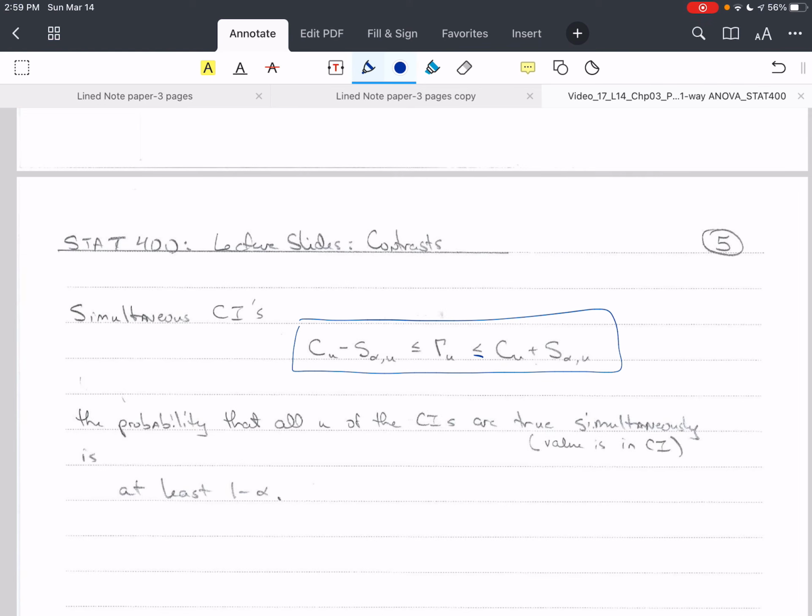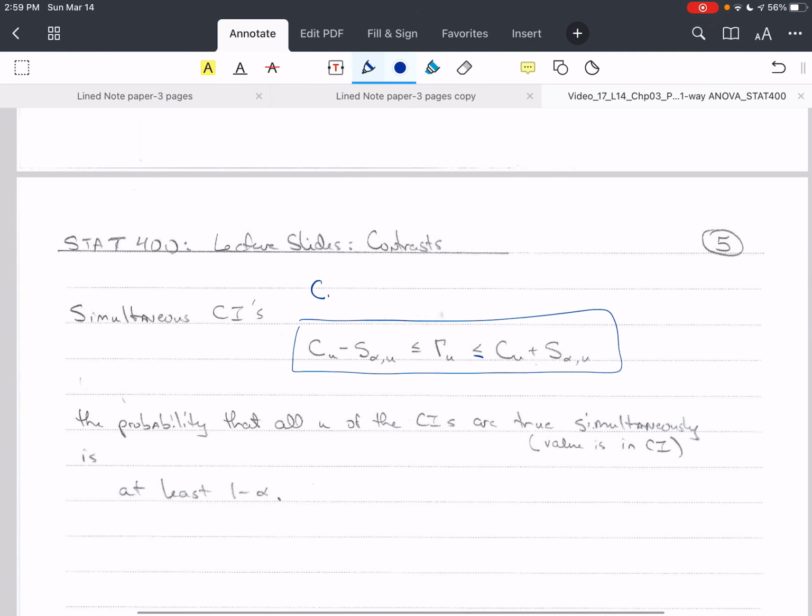In fact, if it's a 95% confidence interval, then 95% of the time the true parameter, in this case gamma sub u, would be in the confidence interval, and 5% of the time it would actually not be in the interval. So gamma sub u could be anywhere in the interval, close to one end or the other. It doesn't matter as long as it's in there. Then it would be true.